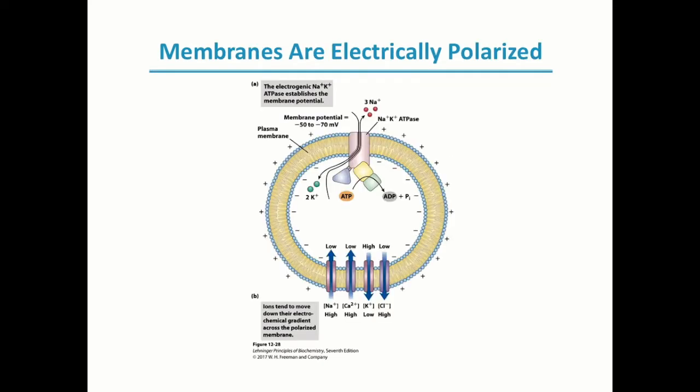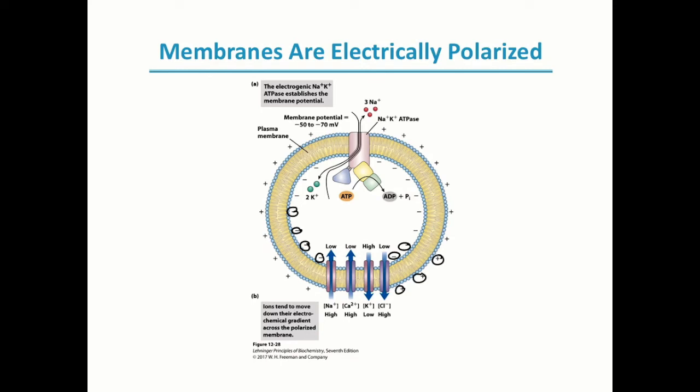This picture shows that the pump produces a transmembrane electrical potential of about 60 millivolts, where the inside of the cell is negative, represented by all these minus signs, and the outside of the cell is positive.